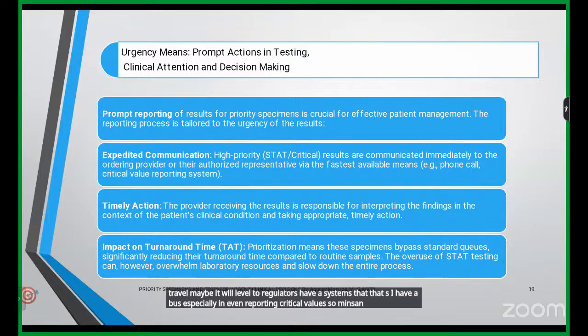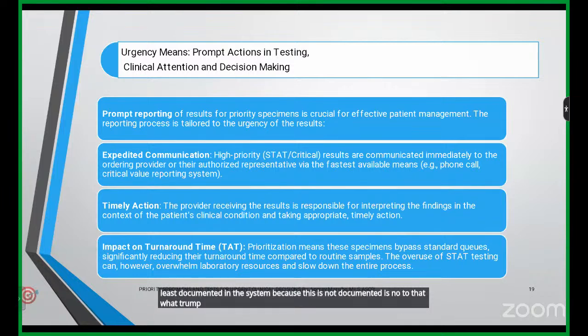So there is a way in that system, and each and every lab scientist has to be trained on how to report these critical values in the system. You will report by a phone call, and also make sure that it's documented in the system, because if it's not documented, it's not done.